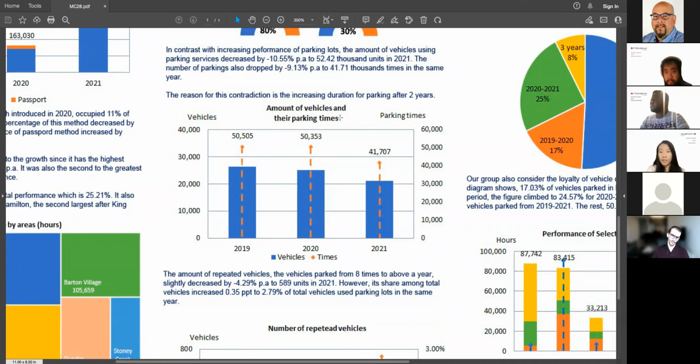So this diagram shows a decreasing trend, and vehicles also decreased their parking times, followed by the decreased parking vehicles. However, even though there is a trend of decreasing vehicles parked in Hamilton, the parking time is still in contrast, which we analyzed before, that people park longer in 2021.